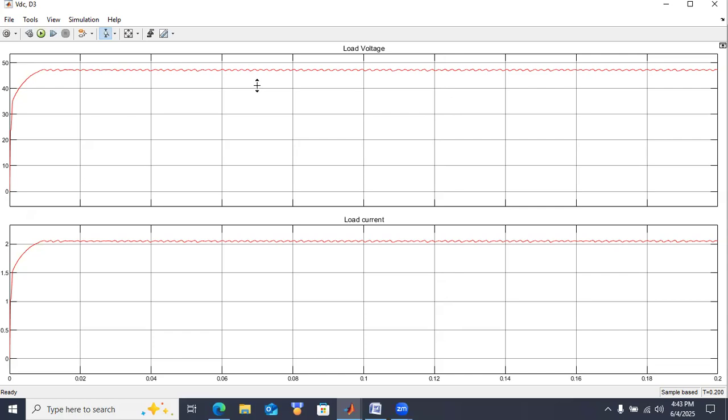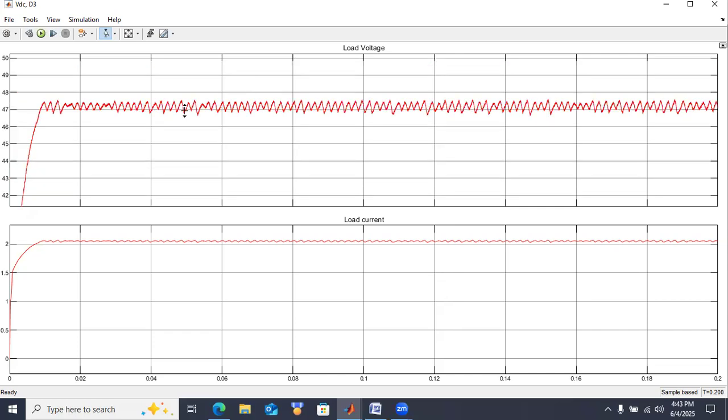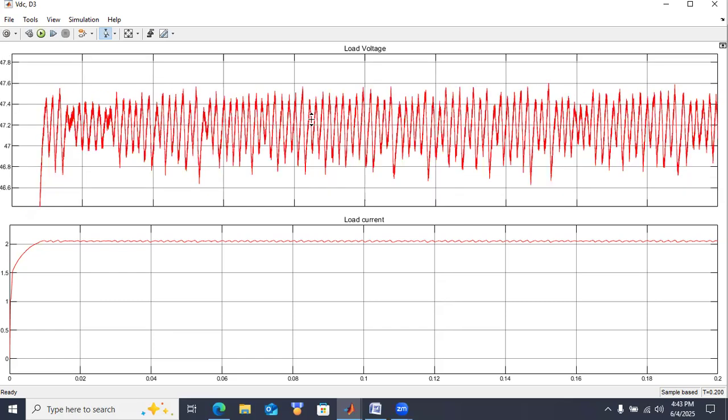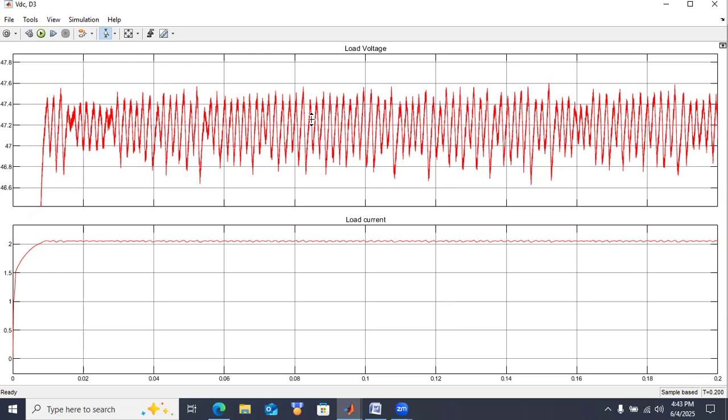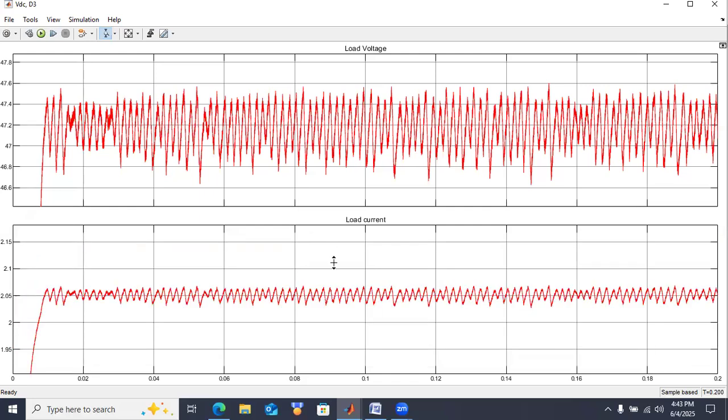Here the actual voltage is 47 volt we are getting. That is, the ripple voltage ranges from 46.8 volt to 47.5 volt. And current is around 2.05 amps.